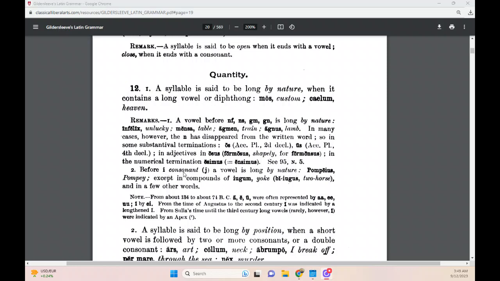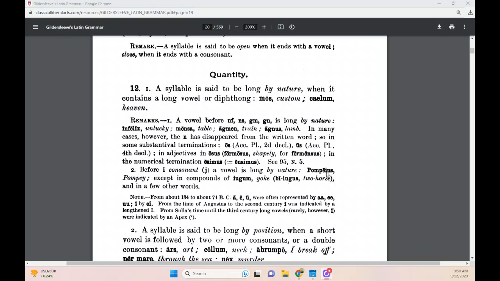Before consonantal E. So what is consonantal E? We talked about this in previous lessons. It's when the vowel E is followed by another vowel. So before a consonantal E, the vowel is long by nature. So here in the name Pompeius, we see the vowel E followed by another vowel.